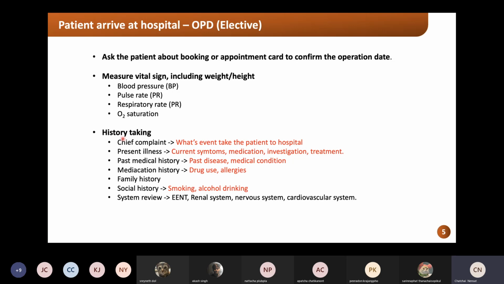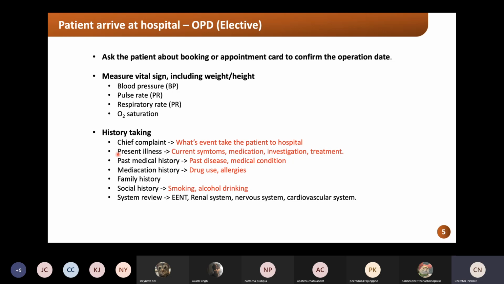And the second one is the present illness. It's the current symptom, medication, investigation or treatment that the patient currently gets, like taking 2 tablets of paracetamol or other drugs or something that the patient thinks can relieve the symptom.